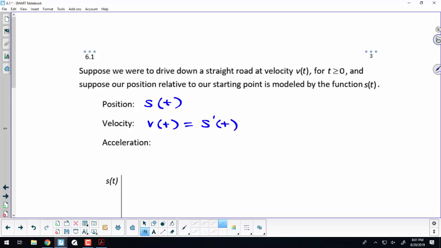The rate of change of position with respect to time is the velocity, and acceleration is the derivative of velocity. So a of t is the derivative of velocity, or the second derivative of position.